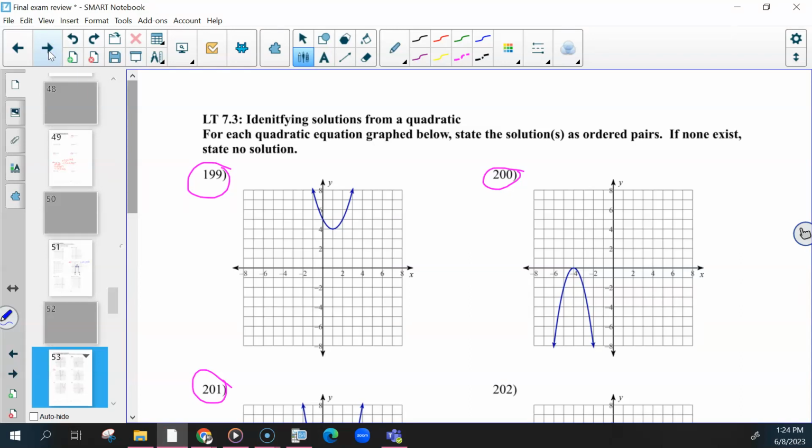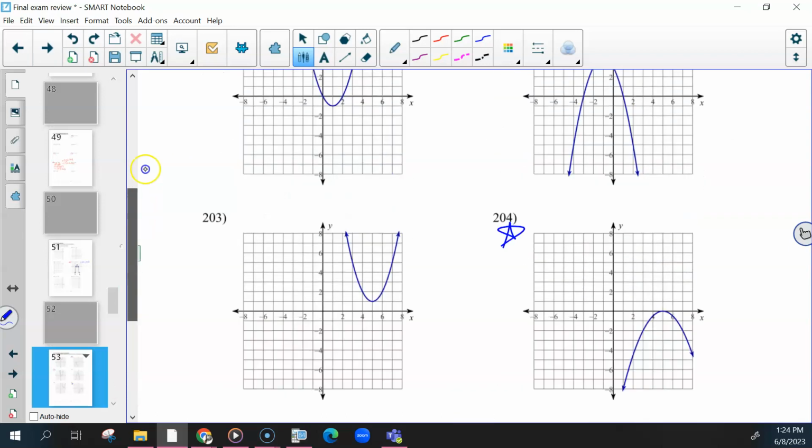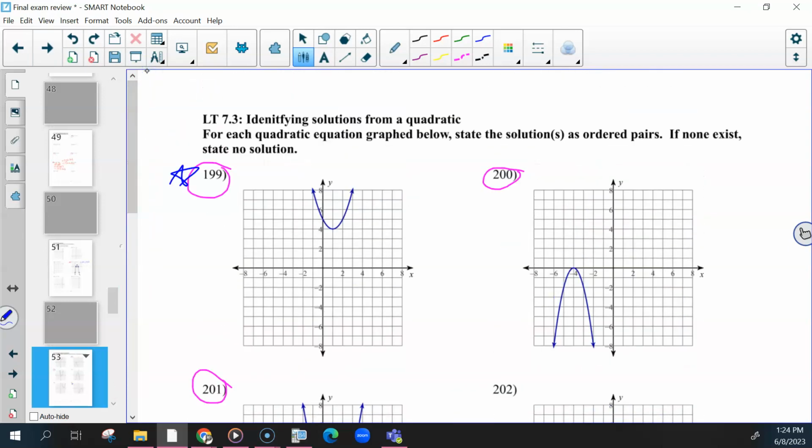And this section is just finding solutions from the graph. Which of these do you want to see, go over, have questions about? 199 and 4. Okay, so we're looking for, where does this cross the x-axis? This one doesn't, so none.